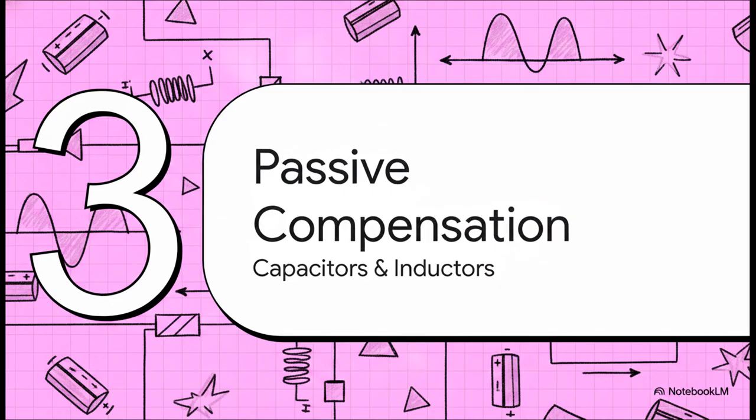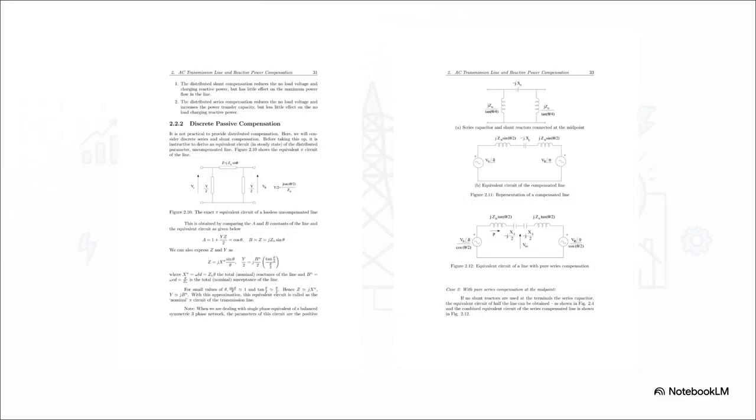Let's get into Section 3, fixing with passive compensation, where capacitors and inductors come to the rescue. Right here on slide 11, let's compare the raw equivalent circuit to a compensated one. On the left side, we have the exact pi equivalent circuit of your standard uncompensated line. But on the right, look at what we've added right at the midpoint. We strategically inject a series capacitor, you can see it labeled with a reactance of negative jXc.